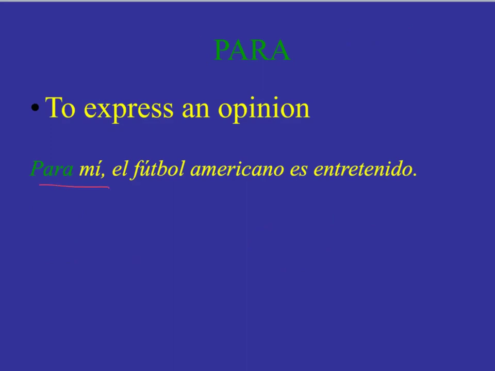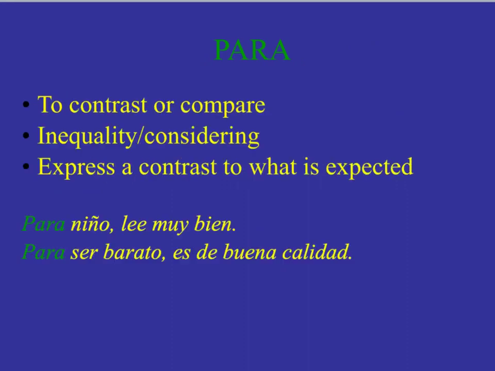Para can also express an opinion. Para mí el fútbol americano es entretenido. To compare or contrast, if you're talking about inequality or considering, and again, contrast to what is expected. For a child, he reads really well. For being inexpensive, it is good quality.